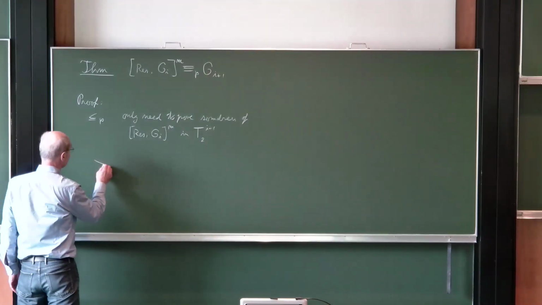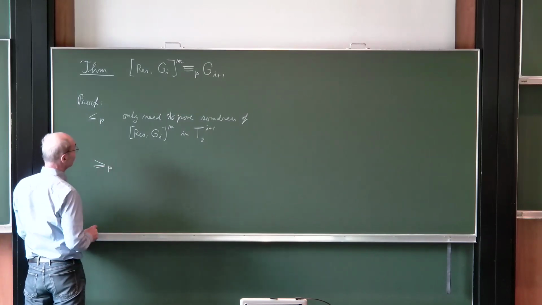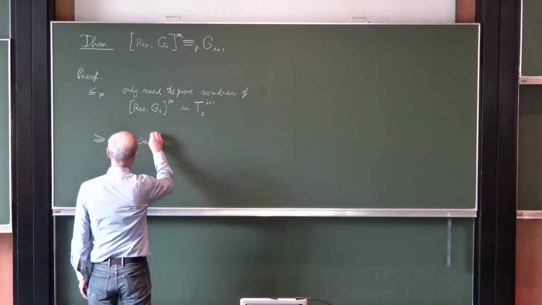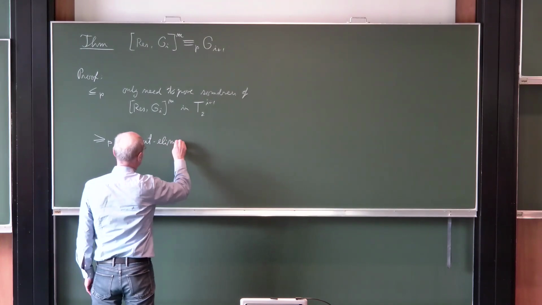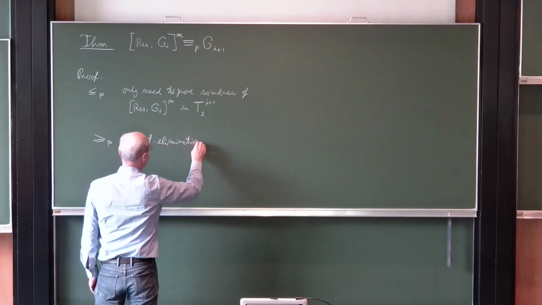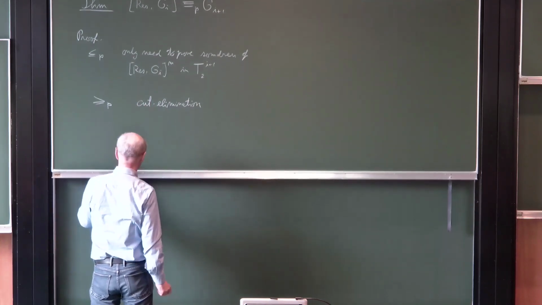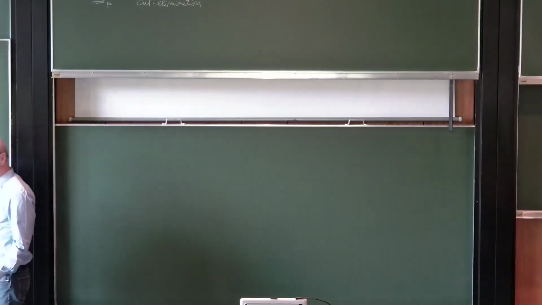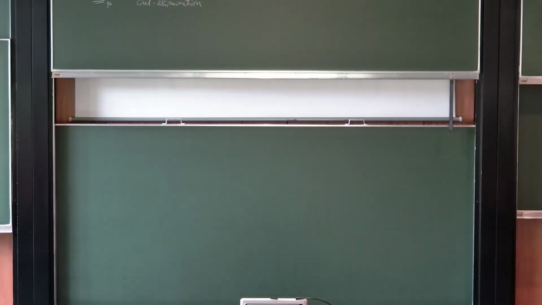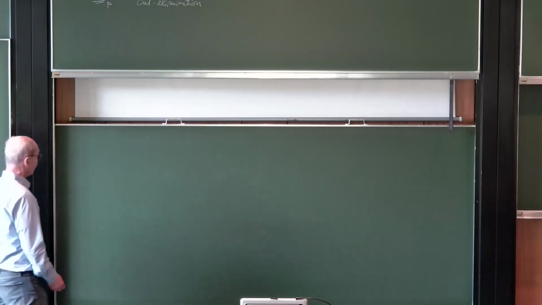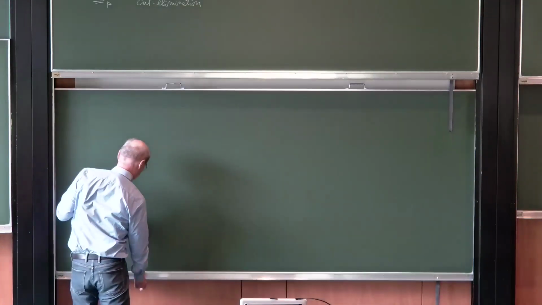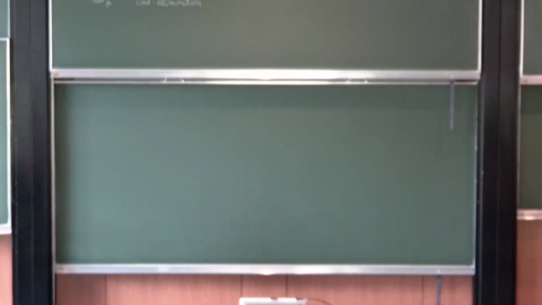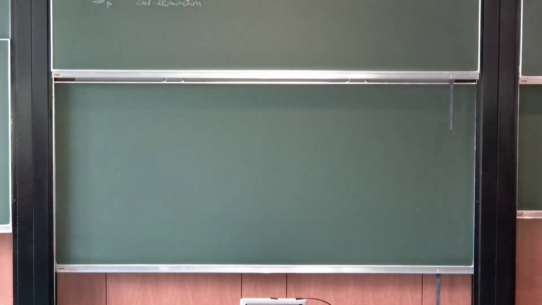The other direction is also natural, and it is based on cut elimination. Cut elimination is a very important procedure in proof theory, in which you take a sequent calculus proof with cuts, and you transform it into a proof where you don't have cuts.